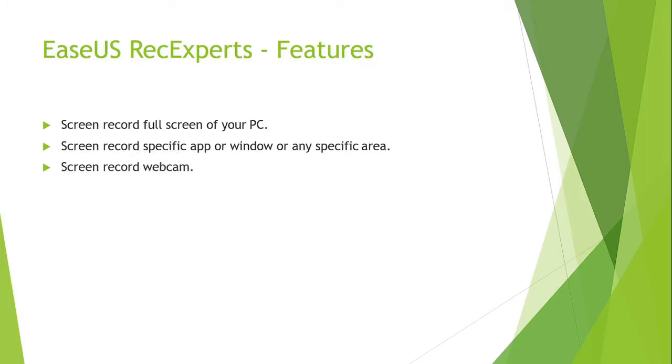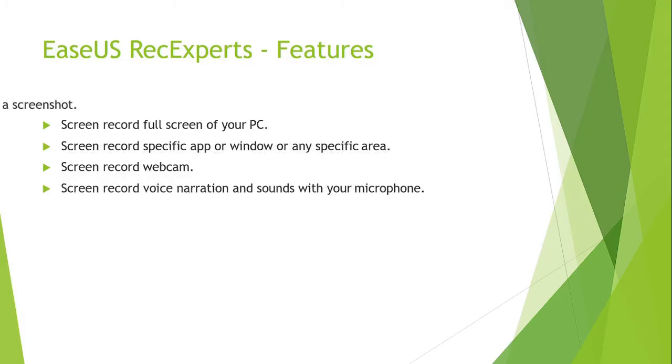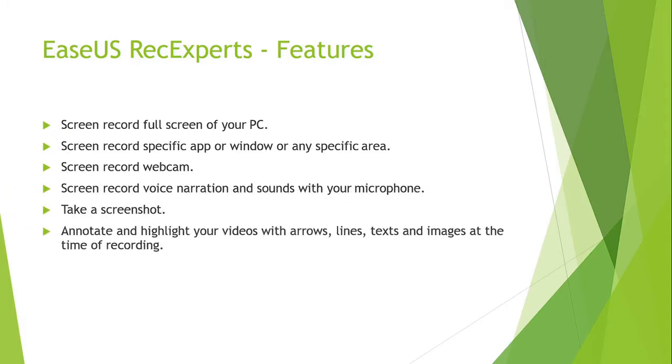Screen record webcam. Screen record voice narration and sounds with your microphone. Take a screenshot. Annotate and highlight your videos with arrows, lines, text and images at the time of recording. Screen record both video and audio together.